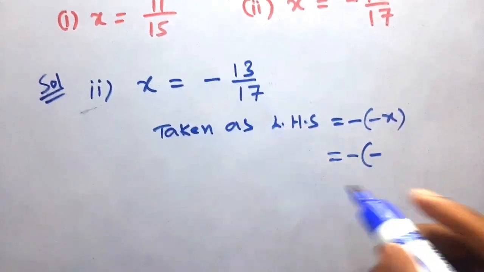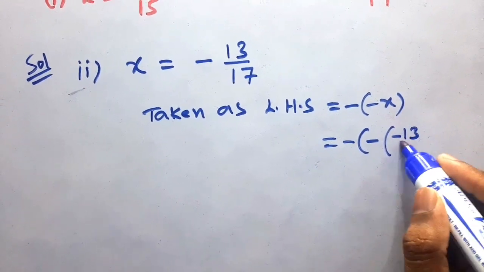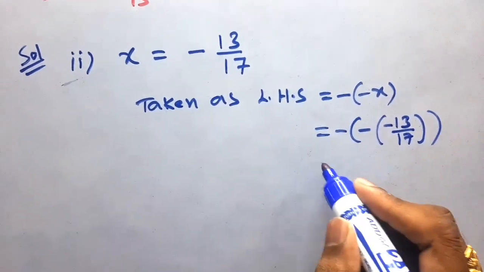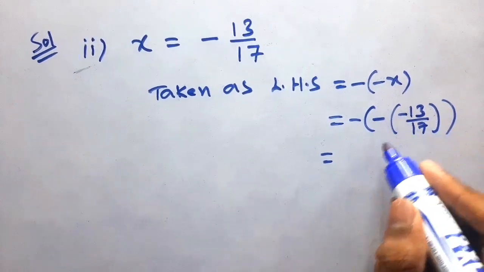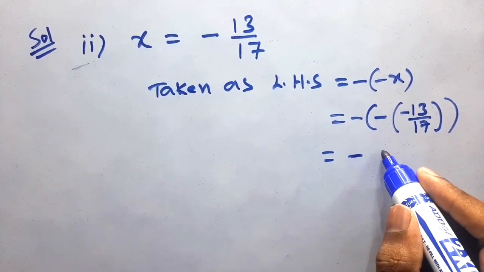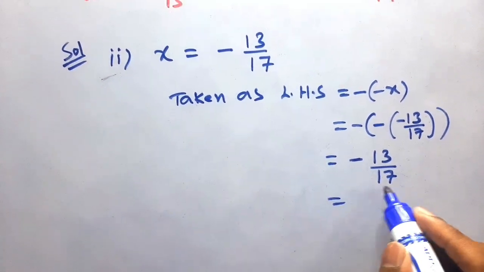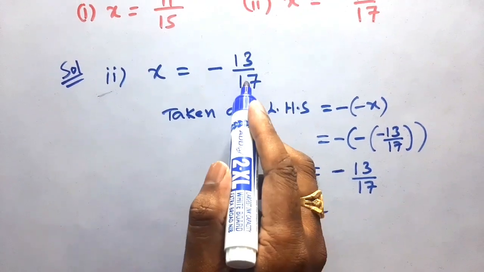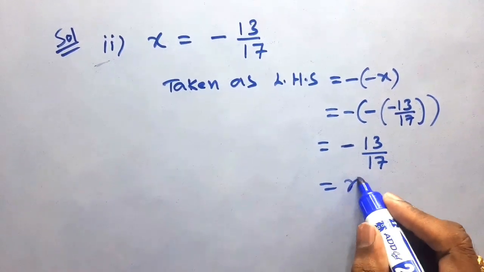Minus 13 by 17. Take bracket minus 13 by 17. See here, minus into minus plus, plus into minus minus. So minus 13 by 17, which is equal to x.